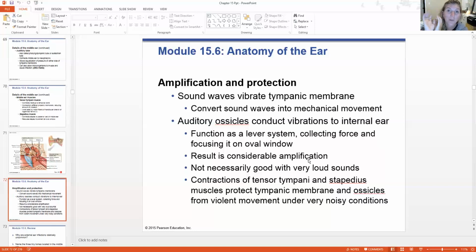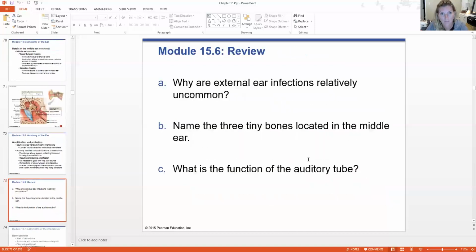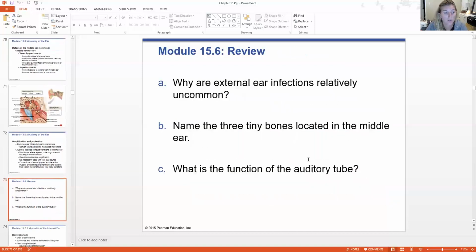So the result is considerable amplification. That's not necessarily good for loud sounds. As we know, listening to loud sounds can damage our ears, but contractions of the tensor tympani and stapedius muscles will help protect the tympanic membrane and the ossicles from very noisy conditions. You can pause the video here, go back and answer these 3 questions.